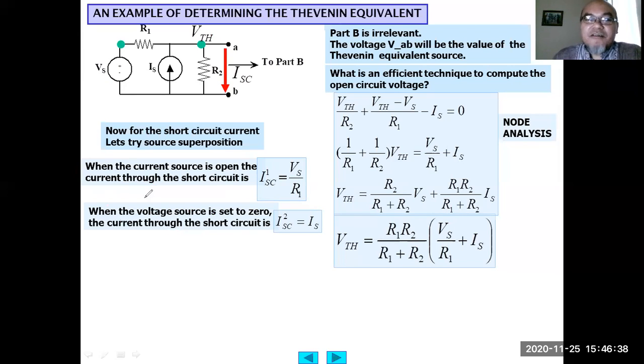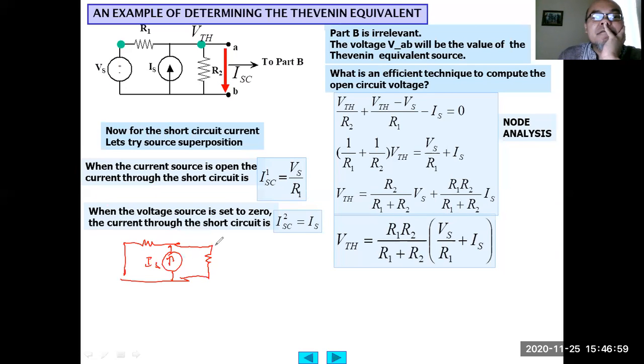If you are in doubt, always redraw. So this is short circuit. This is R1. This is IS. Like this, right?